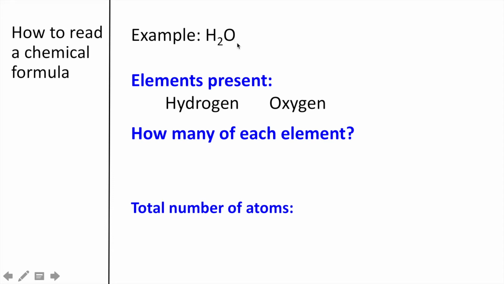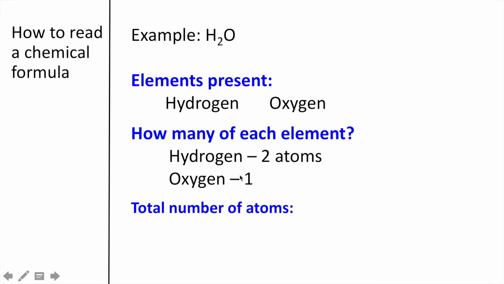And because there is nothing next to the O, it just means that there's one of those. So we can say we have 2 atoms of hydrogen and 1 atom of oxygen. The total number of atoms is just adding these up. So we have 2 atoms plus 1, a total of 3 atoms.